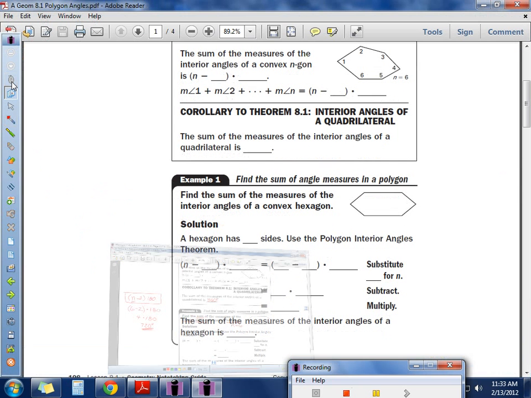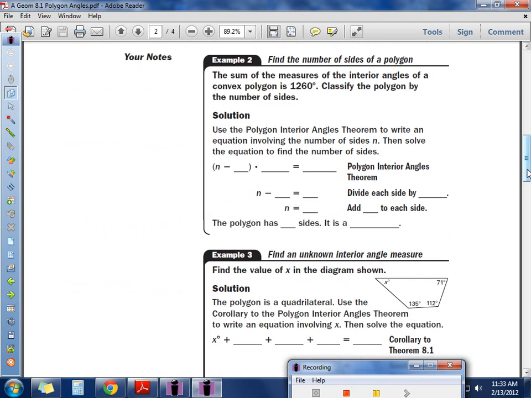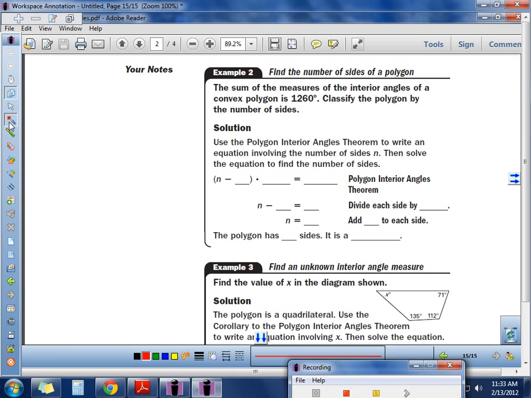Let's go to the next one. Example 2. On example 2, it says the sum of the measures of the interior angles of a convex polygon is 1,260 degrees. Classify the polygon by the number of sides.